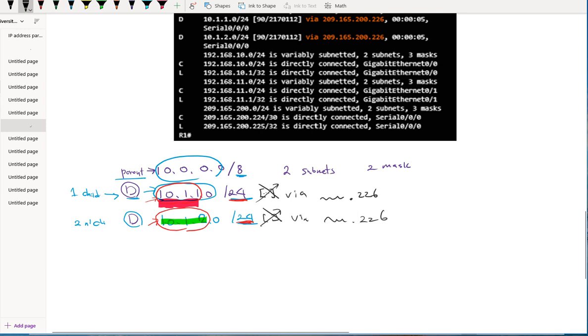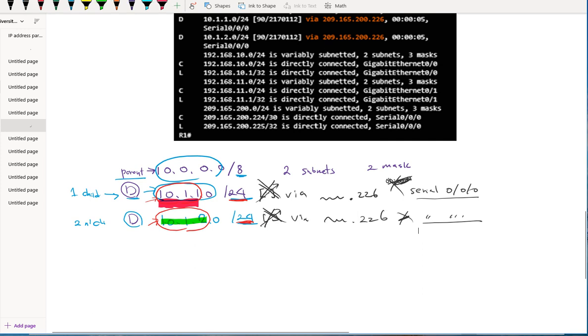The things you have to worry about next are the serial 0/0/0, the same thing, and in the middle there's something else. So anything that is not an IP address at this point, don't worry about it. When you read a routing table, you just have to worry about the IP address and maybe the interface. That's something you have to focus on.